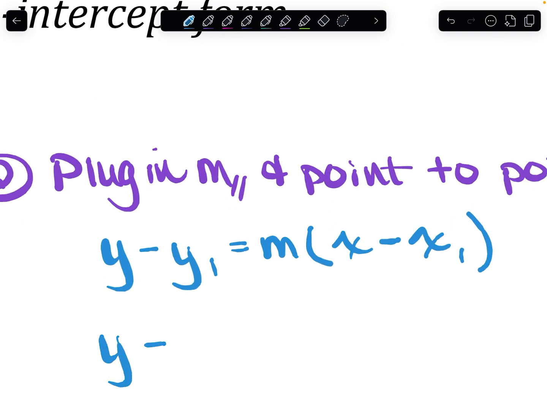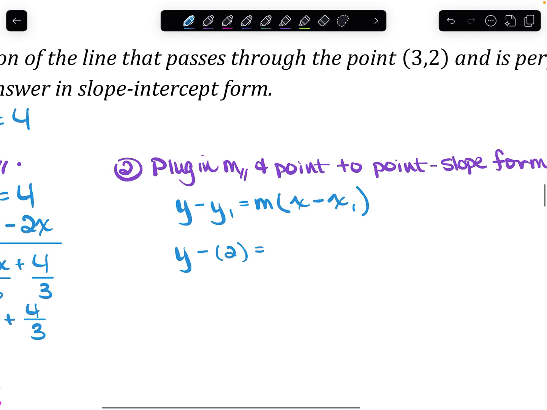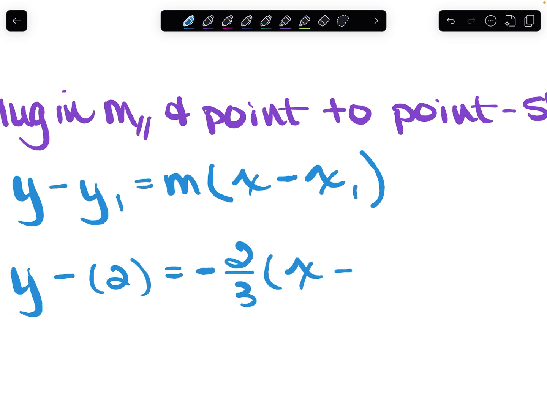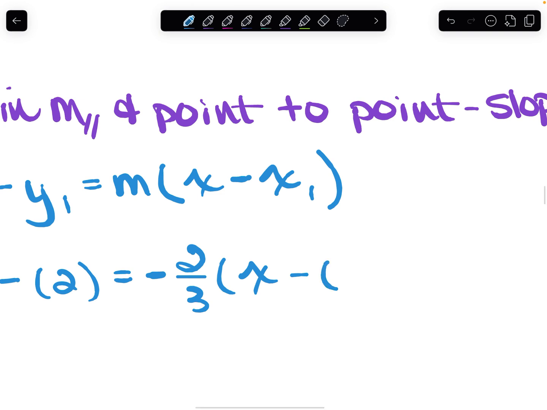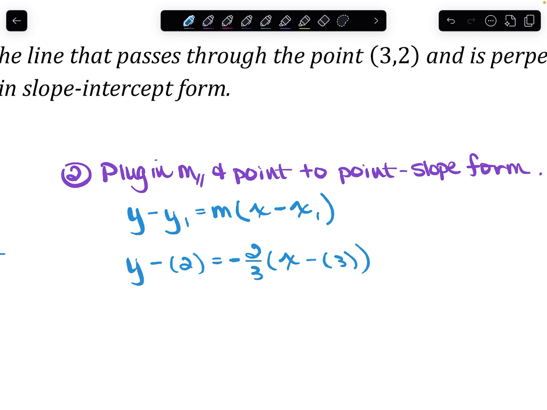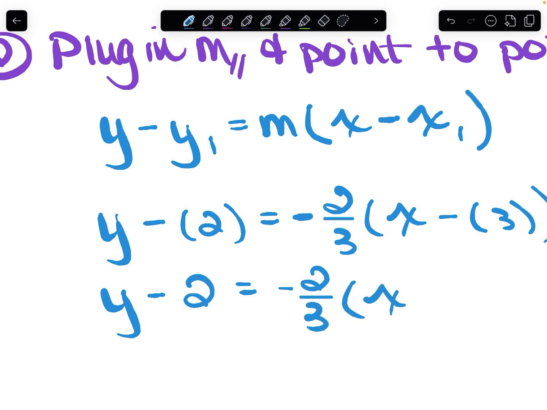So we've got y minus 2 equals m, which is the slope we just found, negative 2/3, times x minus our x1, which was 3. So we've got it plugged into point-slope form. I'm going to rewrite it since we don't need those parentheses since there are no double negatives. That looks a little bit prettier.